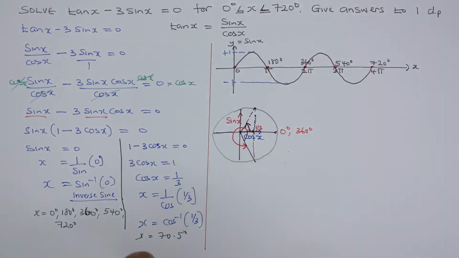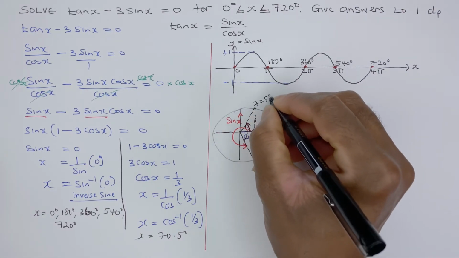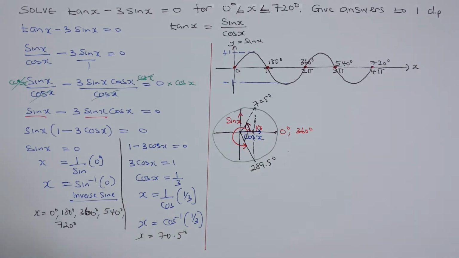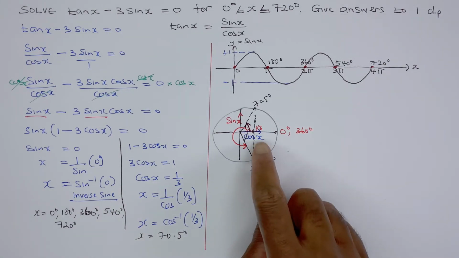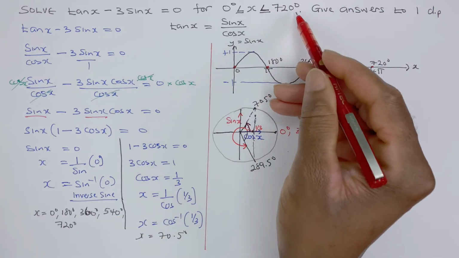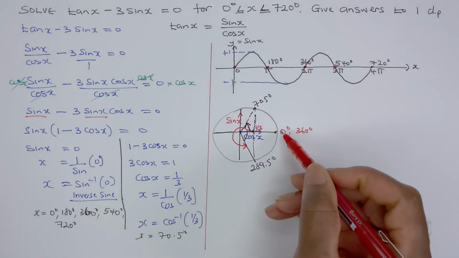So if this was 70.5 degrees, this would be 289.5 degrees. That means 360 minus 70.5. And then I need to go to 720, so I need to start again from 360 all the way to 720.